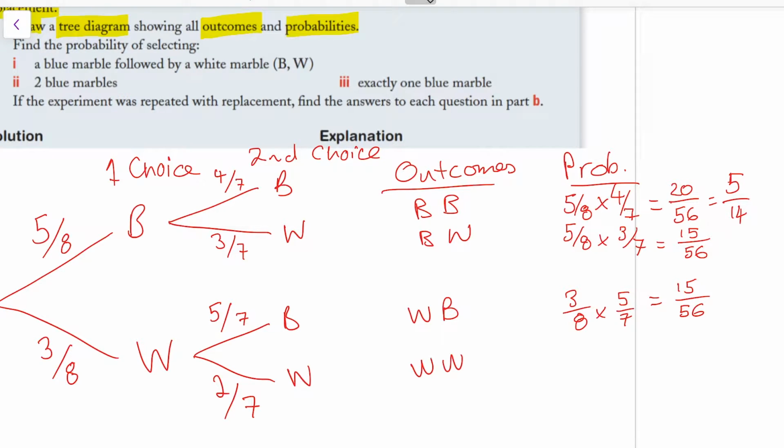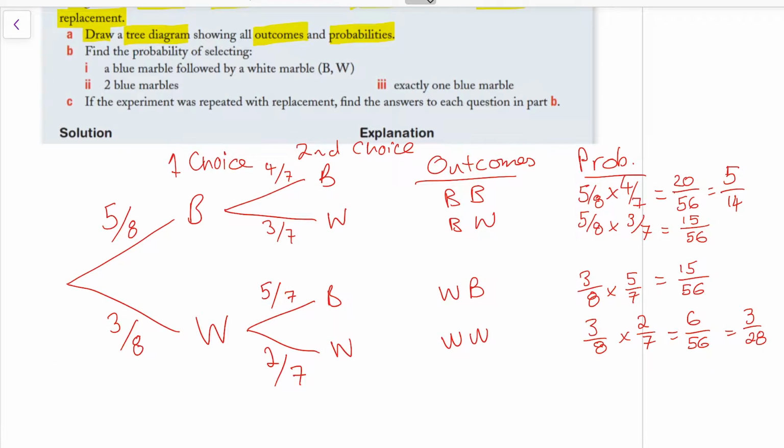And then my white white option is 3 over 8 times 2 over 7, which gets me 6 over 56, which simplifies down to 3 over 28. It's up to you if you want to just keep it simplified or have the full one worked. As you can see, for blue blue and white white, the fractions could be simplified. Either way, you're going to be fine.